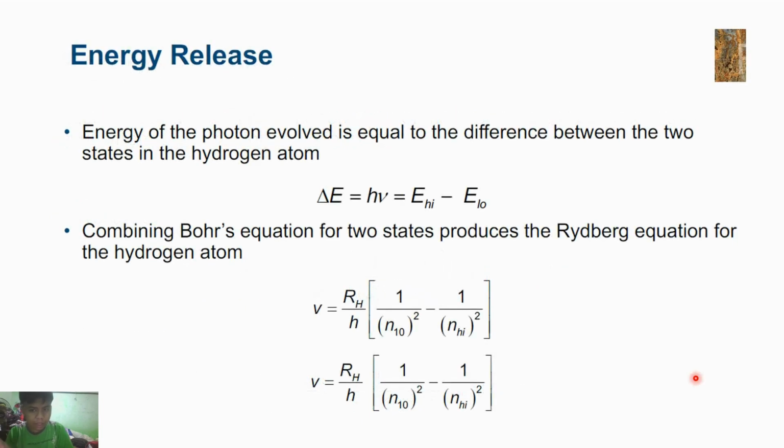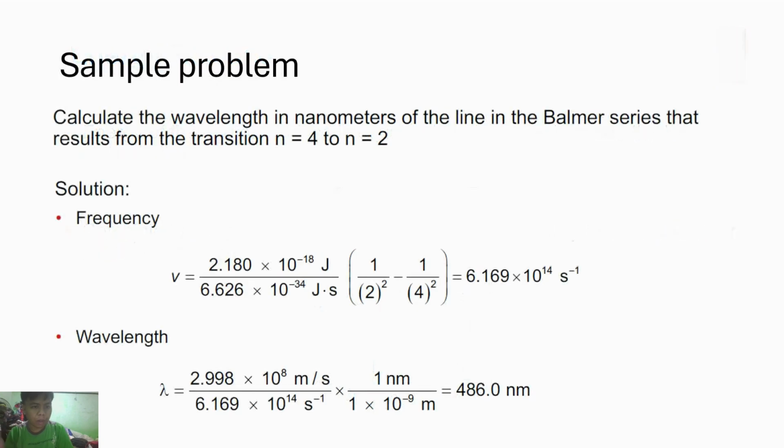To better understand this, let's try this problem right here. We calculate, in nanometers, the line of the Balmer series that results from a transition from n = 4 to n = 2. Take note here, guys: you have the starting electron in the n = 4 orbital, the fourth orbital, going down to 2.